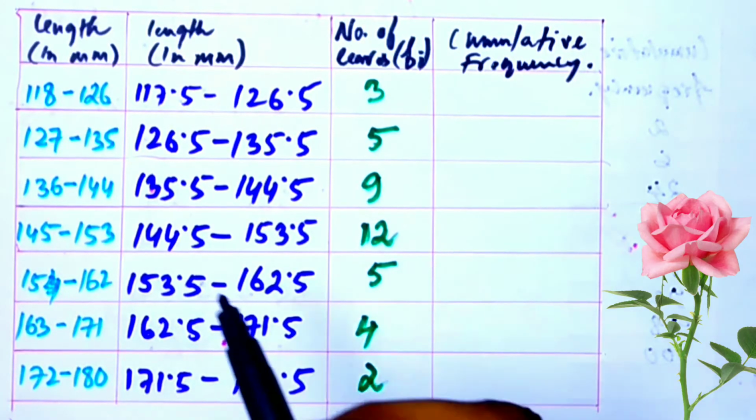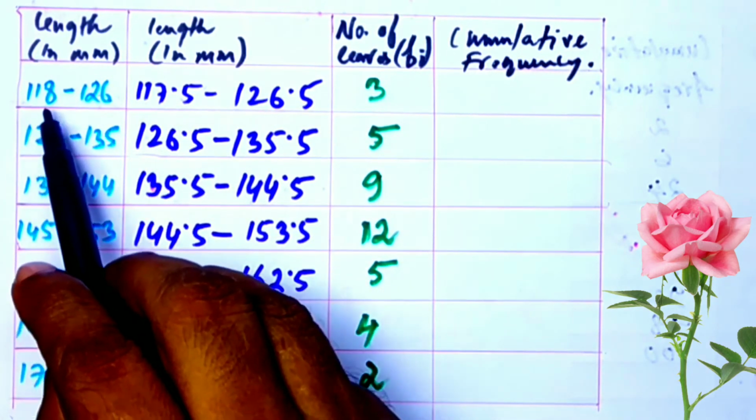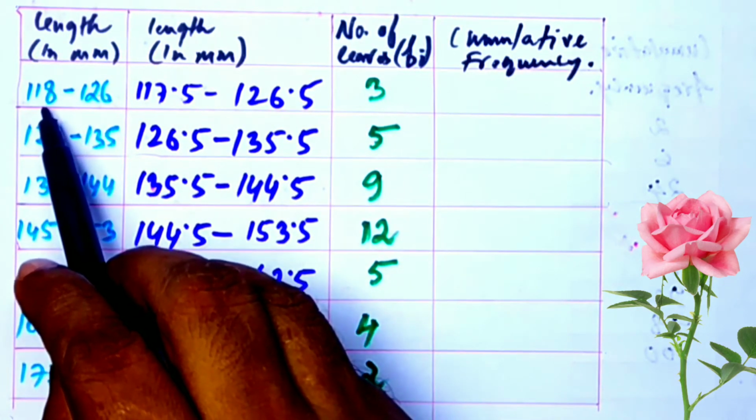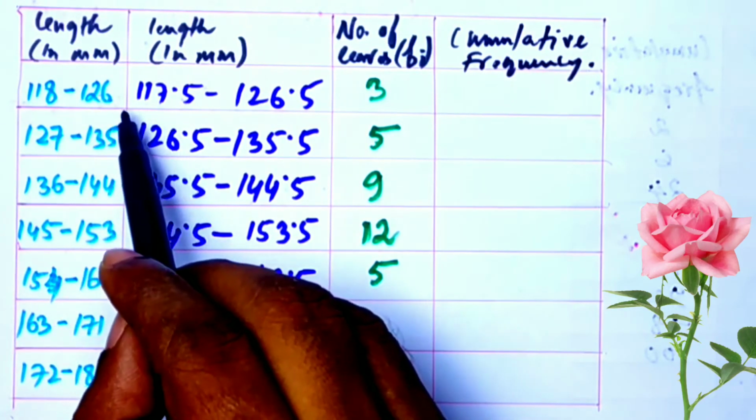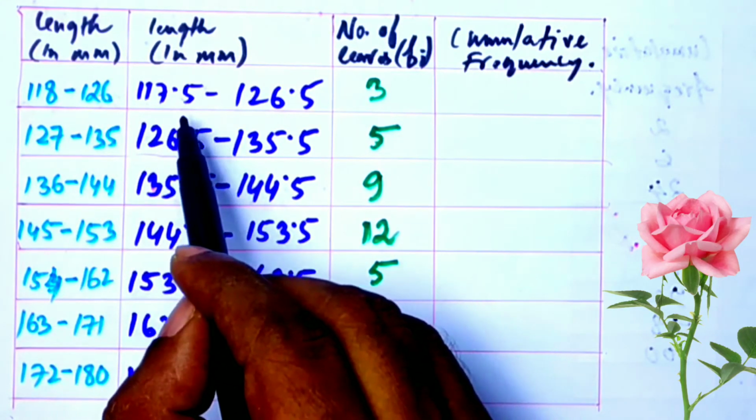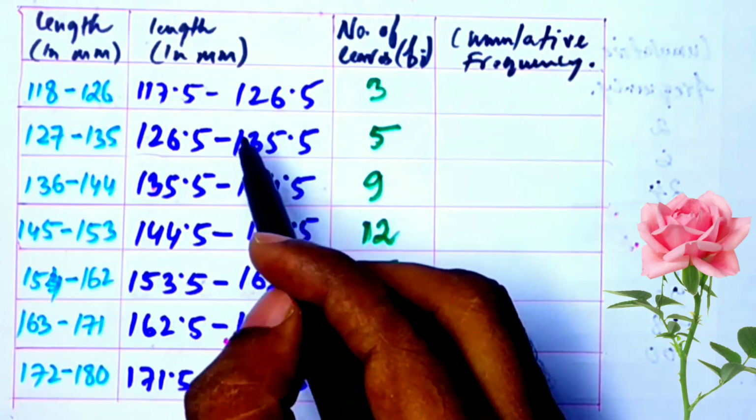So we decrease half from the lower limit and increase half to the upper limit. So we get 117.5, 126.5. Likewise we do the others also.